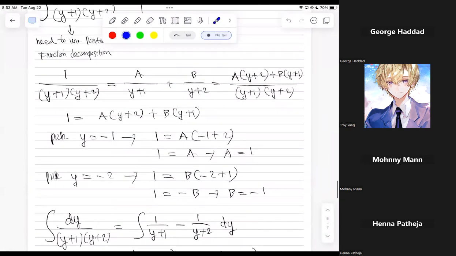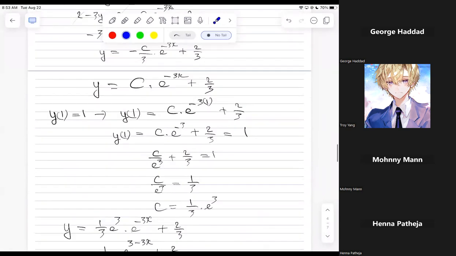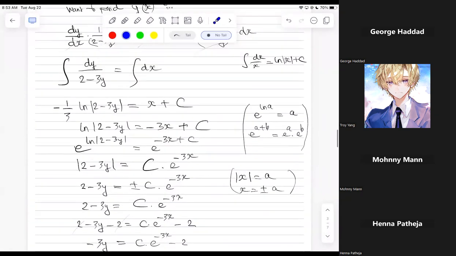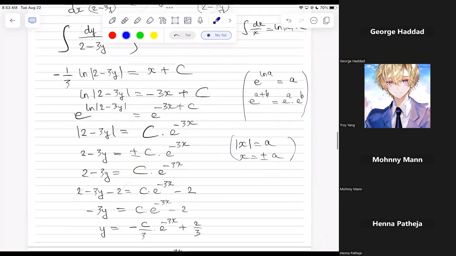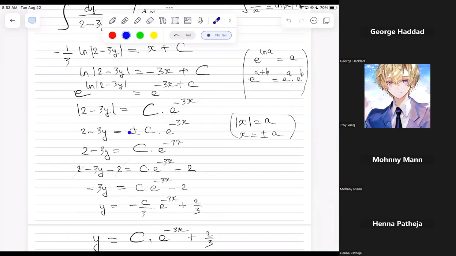Look back to example 2. I put absolute value there, but after I put absolute value, I have plus and minus. And the plus and minus c here can be absorbed into the constant c. I can replace it with a new constant c.